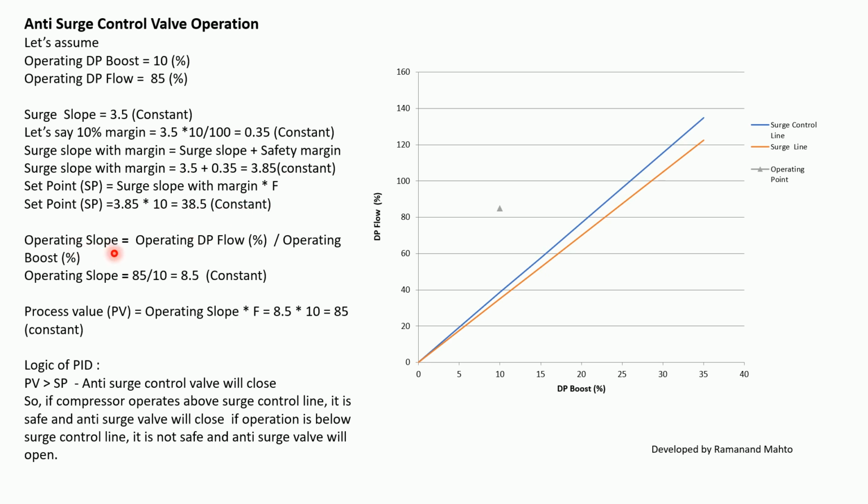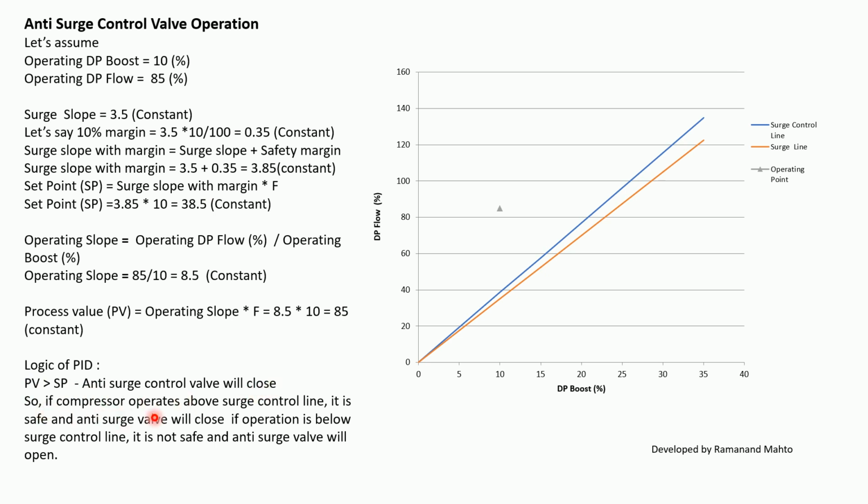Operating slope is equal to operating DP flow percentage upon operating DP boost. So operating slope is 85 by 10, 8.5. Process value will be operating slope into F, 8.5 into 10 is 85. Now the logic of PID: since PV 85 is greater than SP 38.5, the anti-surge control valve will close.